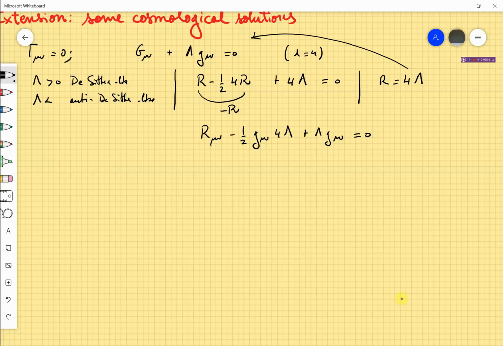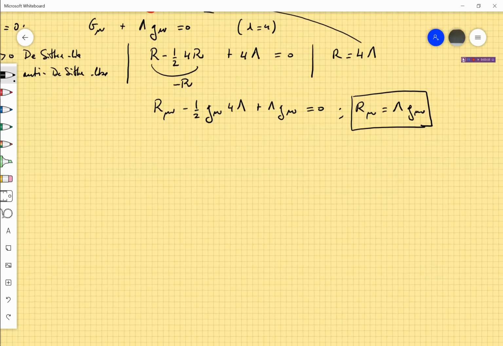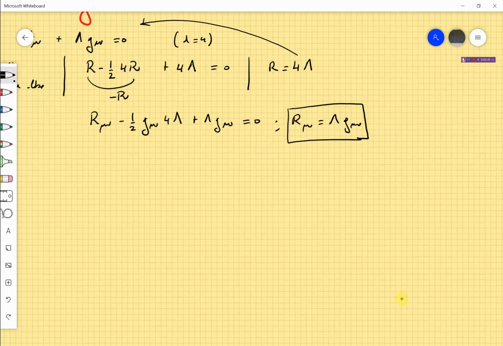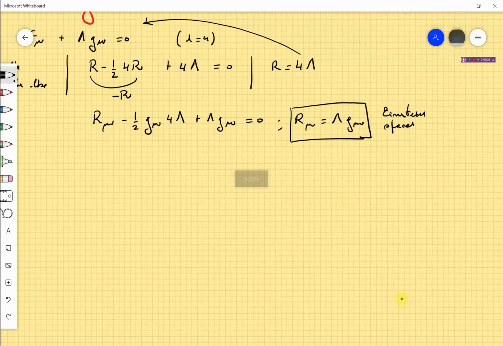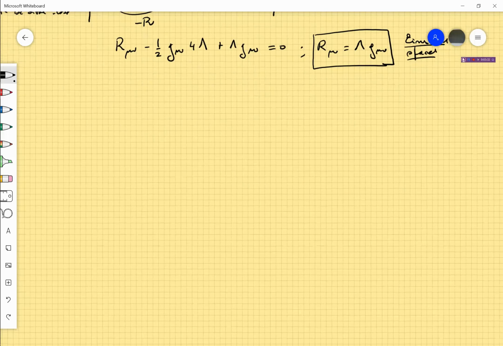You see that this gives you R mu nu equal to lambda g mu nu. This is the simplified form of the Einstein equations that we want to solve. The solutions to this equation are called in general Einstein spaces. That is the name they are given in geometry.